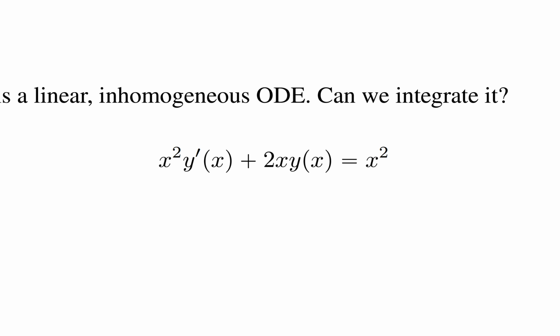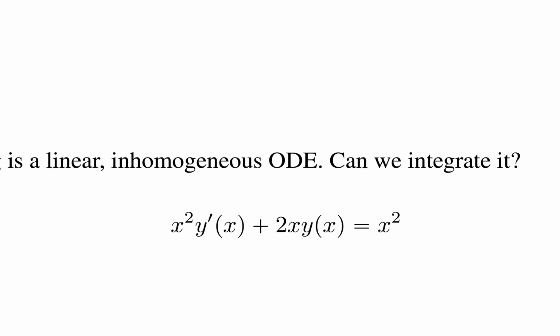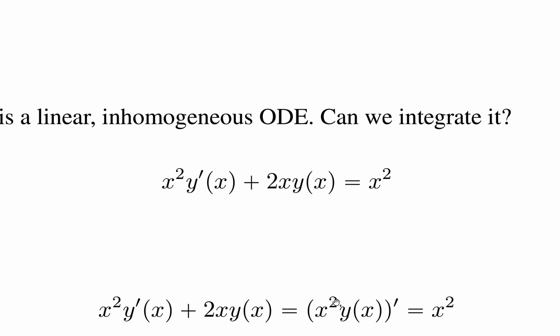And note that 2x is nothing but the derivative of x squared, whereas y prime is the derivative of y. So this looks like, if you recall, the product rule of differentiation. So practically this is nothing but the derivative of x squared times y of x.